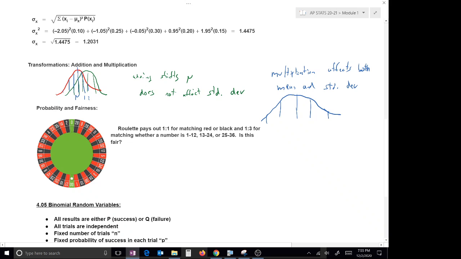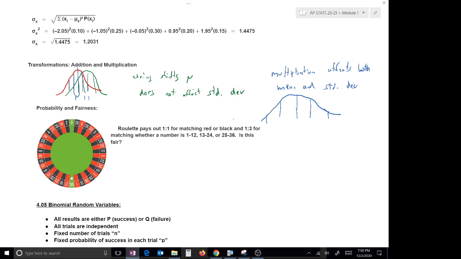So let's say you go to a casino, not till you're 21, right? And roulette is paying 1 to 1 for matching red or black, and 1 to 3. Well, we'll skip that part. Let's look at the red or black. So we want to know what our chances are of making some money here.